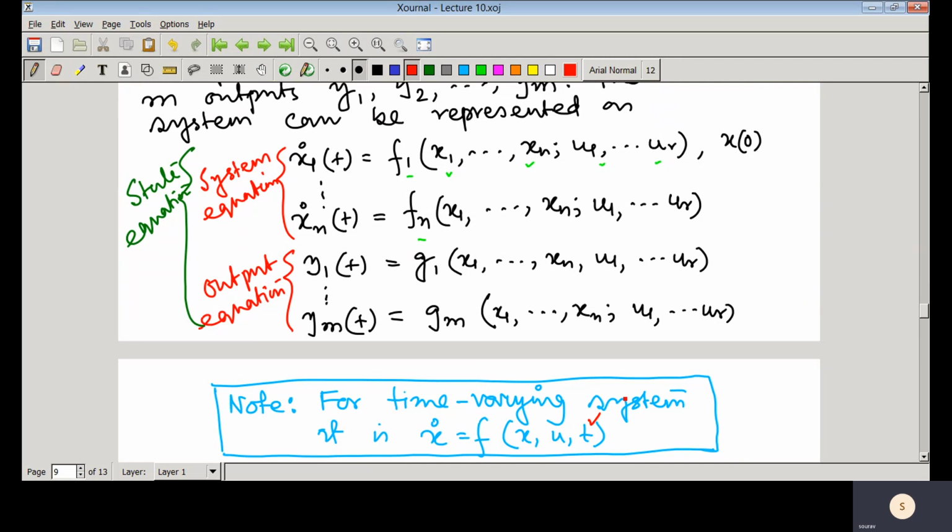That is the difference between the time varying and time invariant cases. In this case, as it is time invariant, it does not depend explicitly on t.